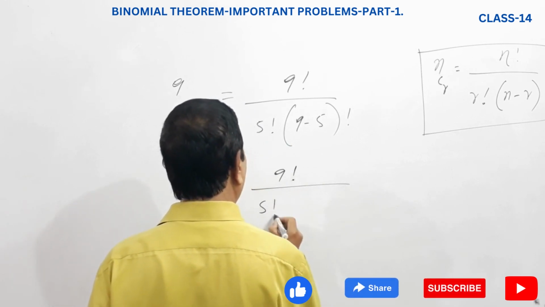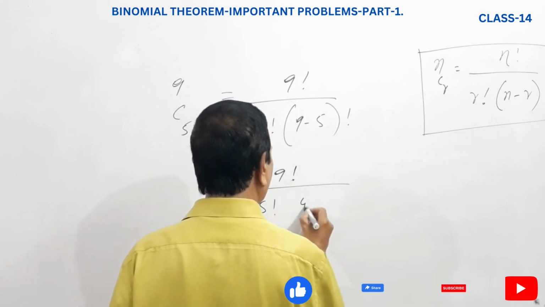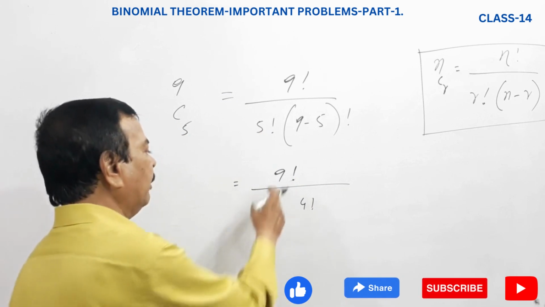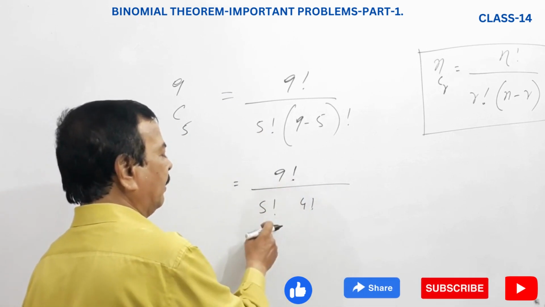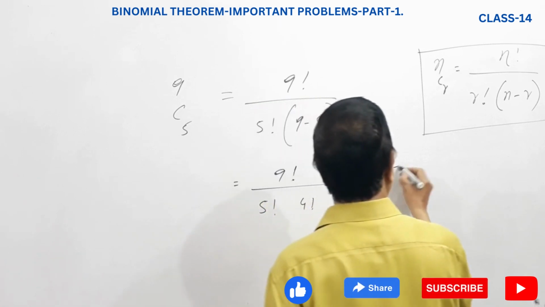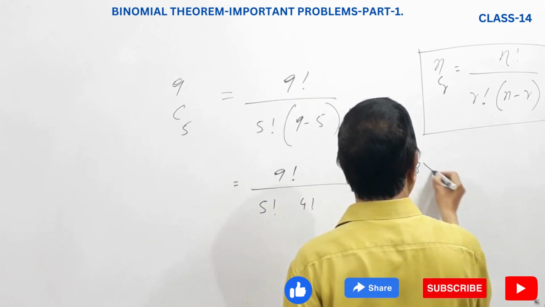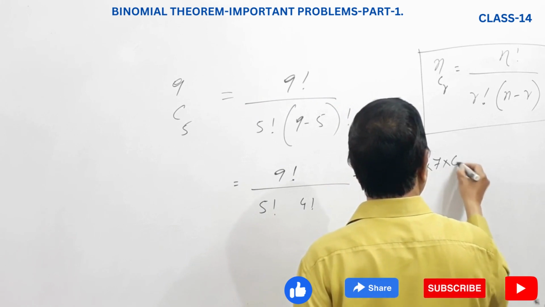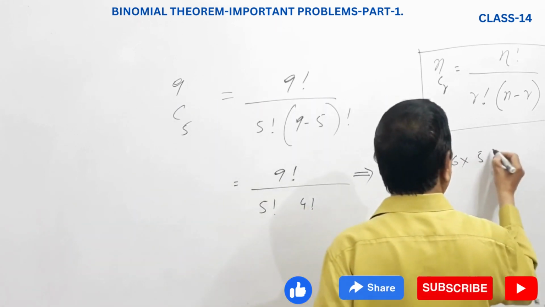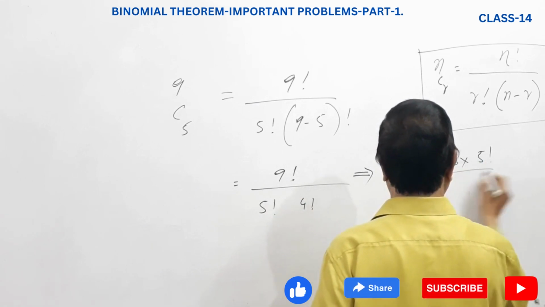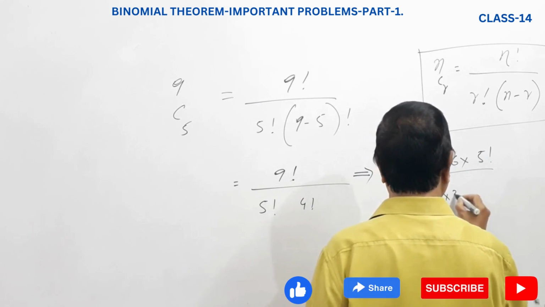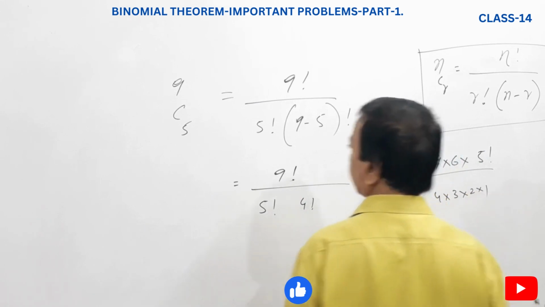You can cancel any of these, so instead of stopping at 4, I will stop at 5, the greatest among these. I write 9, 8, 7, 6, 5 factorial divided by 5 factorial into 4 into 3 into 2 into 1.